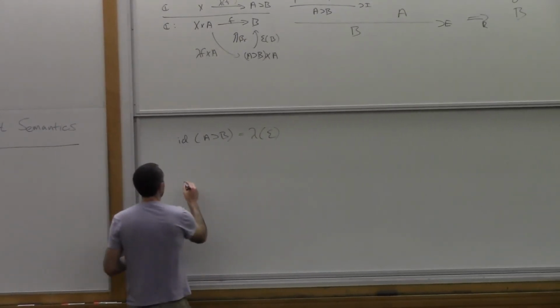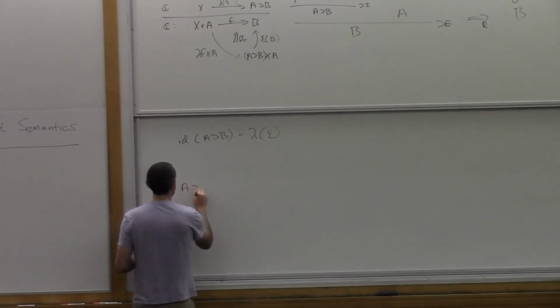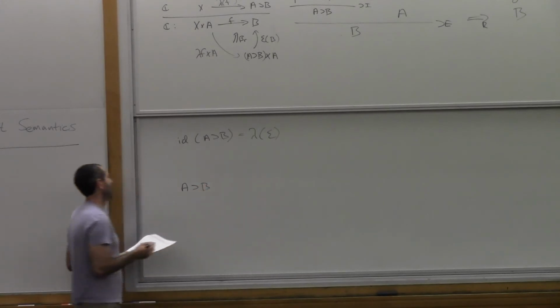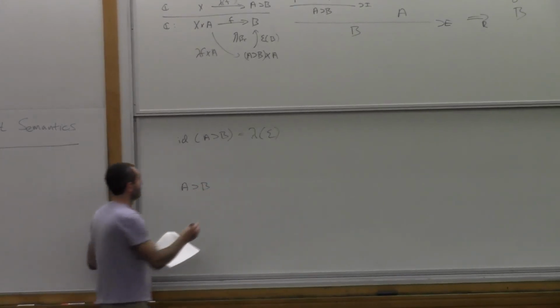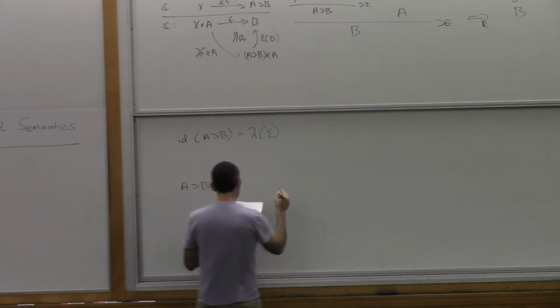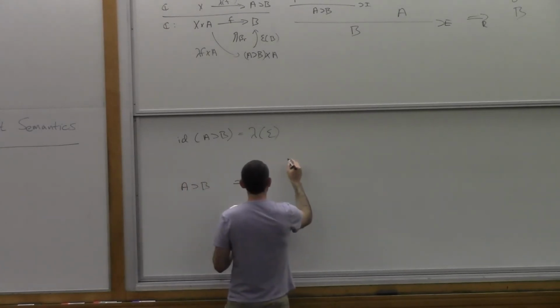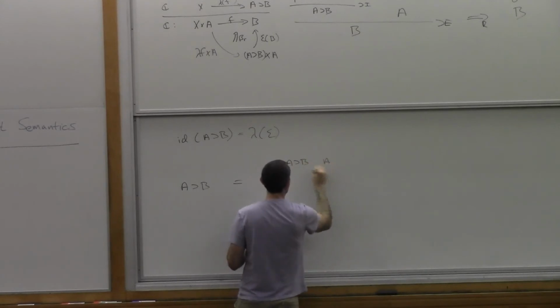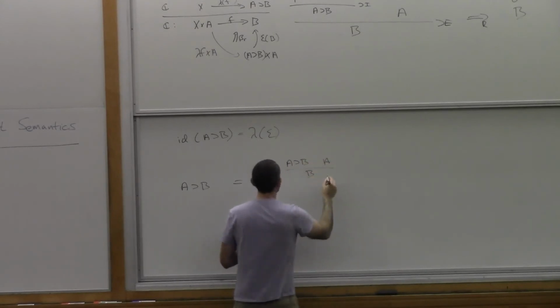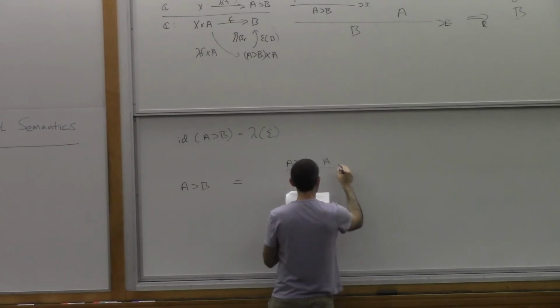Okay, so let's see what this says, right? So if we do the identity derivation on this implication, it just looks like that. And on this side, it says first I take the evaluation map, so that goes from A implies B and A to B. Right, that's the evaluation map, which is also the arrow elimination rule.